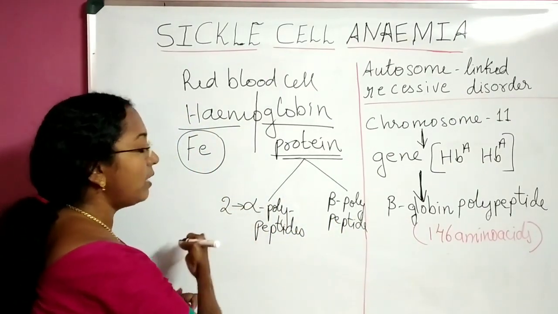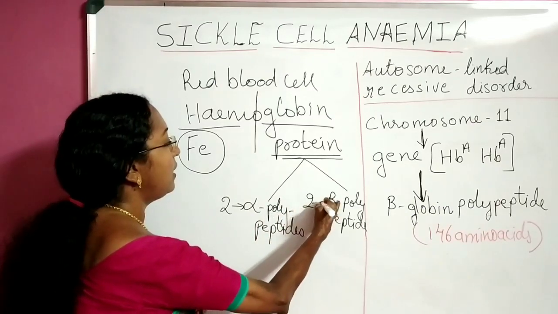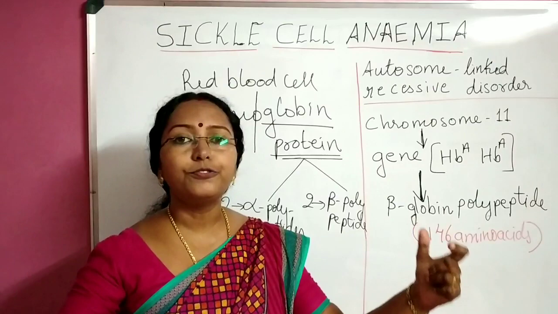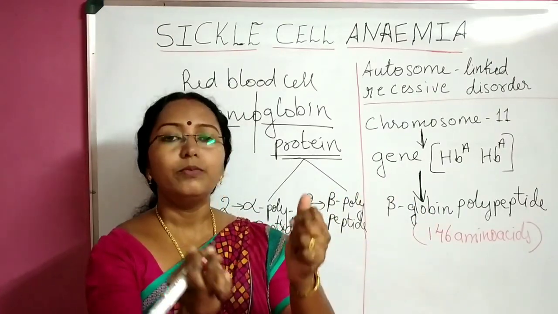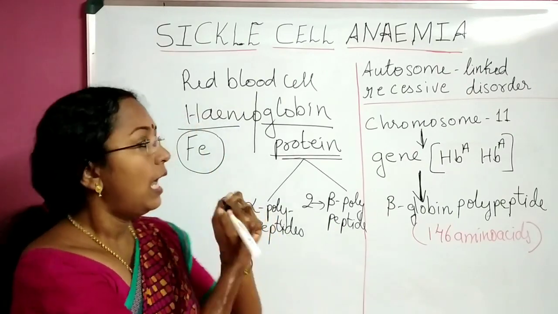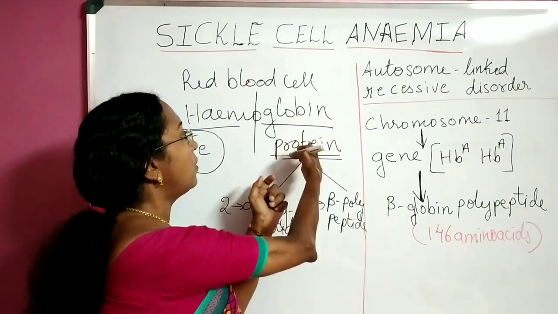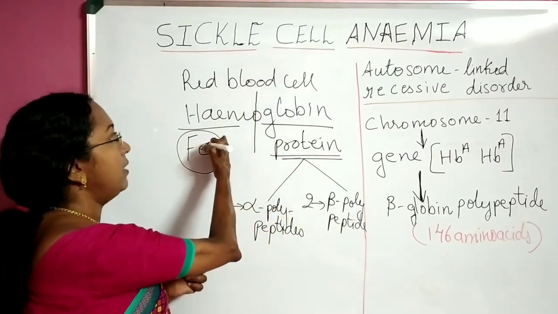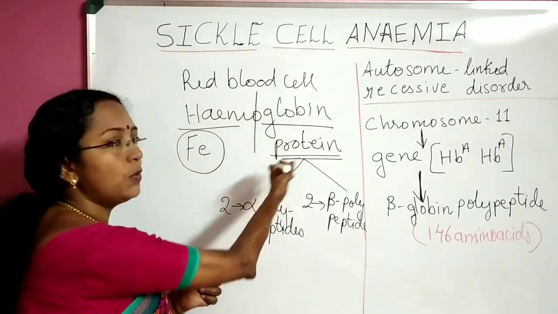There are 2 alpha polypeptides and 2 beta polypeptides. So totally there are 4 polypeptides arranged in a manner so that it becomes functional, and then you call that protein globin protein, which is bound to iron, and that forms hemoglobin.